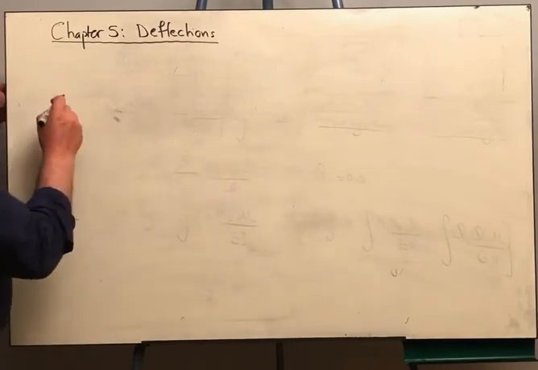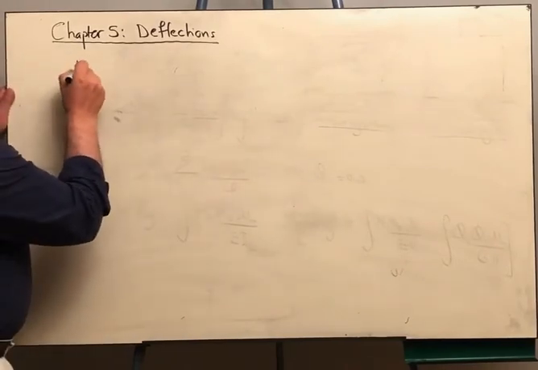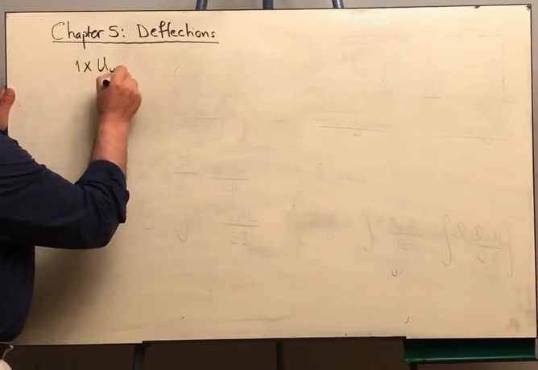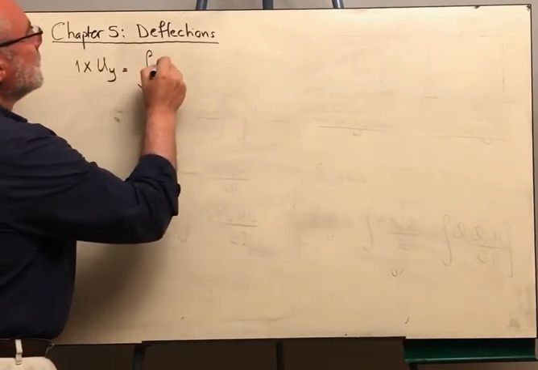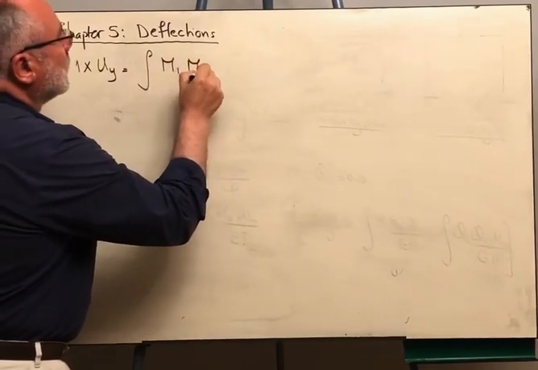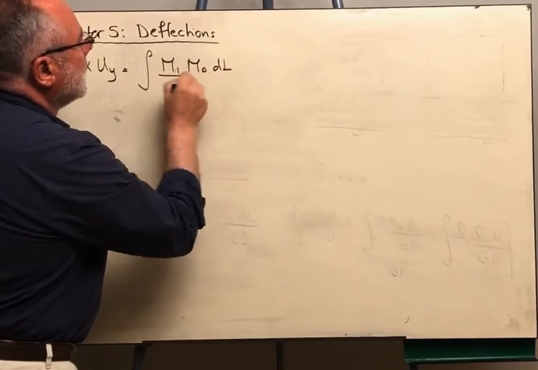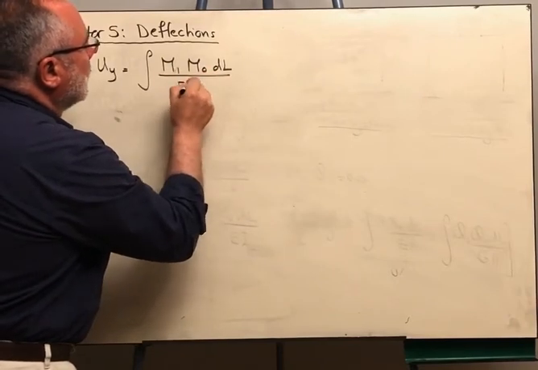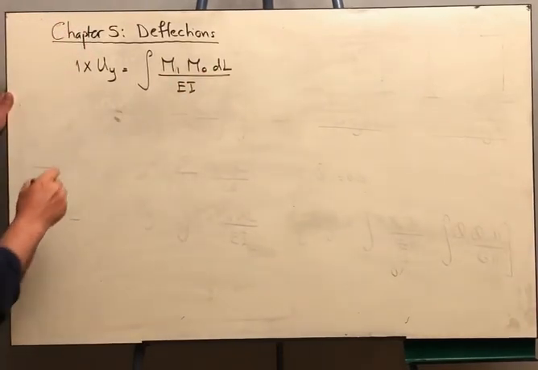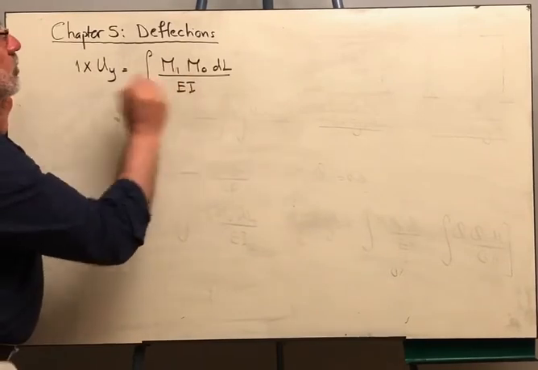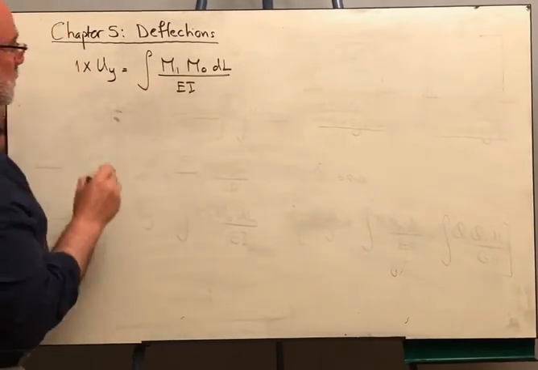Now, we said that the deflection will be integral M1 M naught dl over EI in beams. How can we solve for this integration?